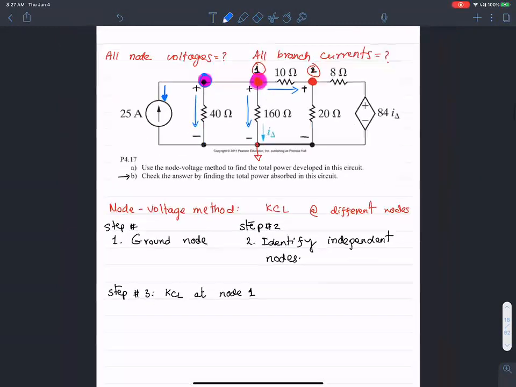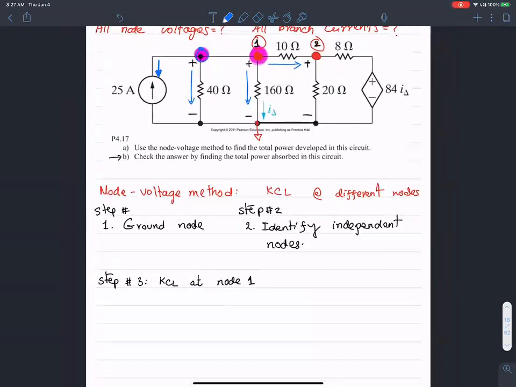Now my next step would be to sum all of these currents: current 1, current 2, current 3, current 4. So KCL at node 1 means I1 plus I2 plus I3 plus I4 equals 0.